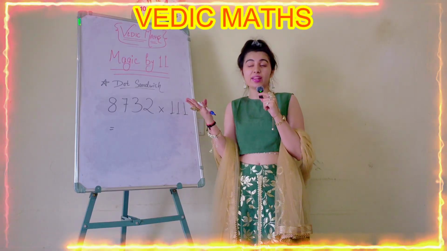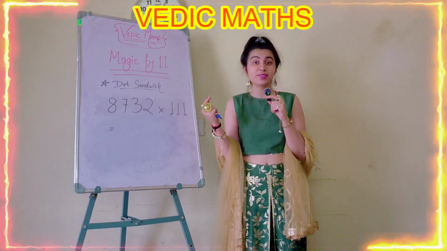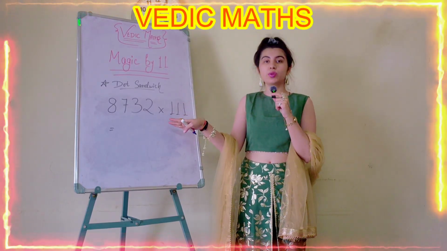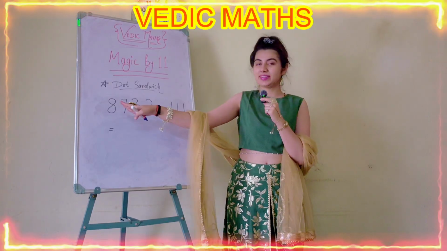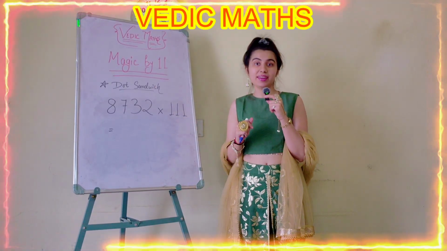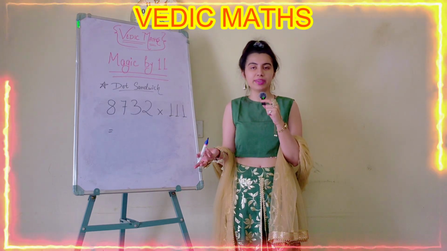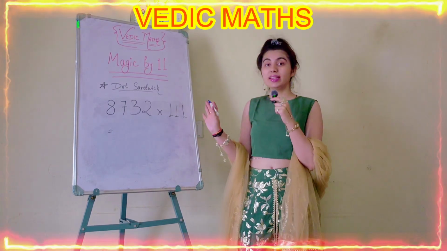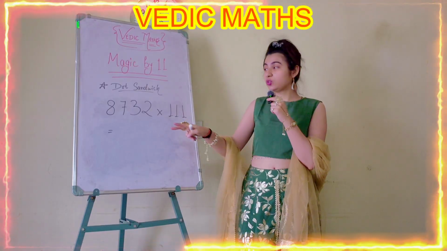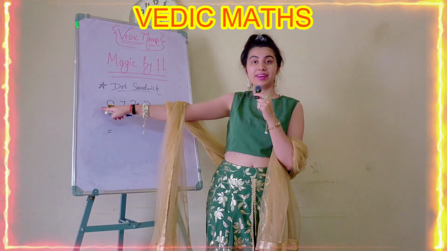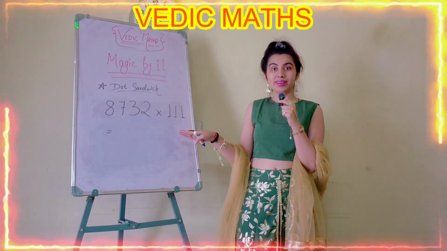It can calculate anything in seconds. What you have to do is just visualize that there are 2 dots over here and there, and then add on numbers. It's pretty easy. So let's visualize 2 dots over here and 2 dots over here, and we have to add on things.